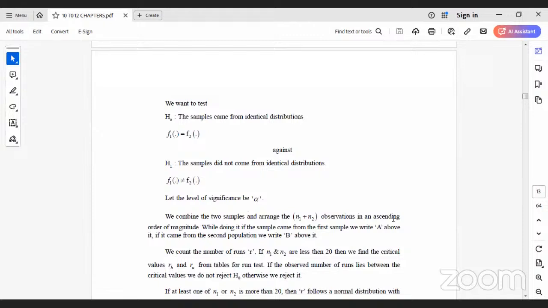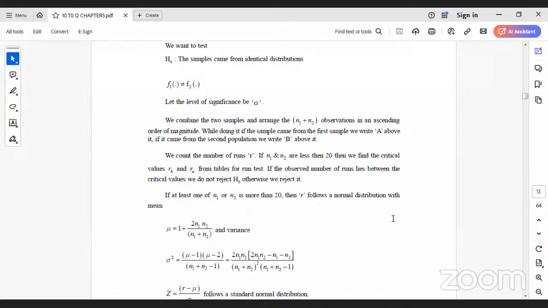We combine the two samples, arrange the n1 plus n2 observations in ascending order, noting which sample each belongs to.